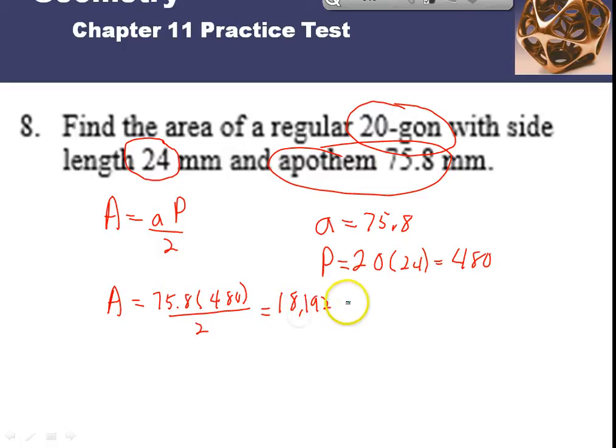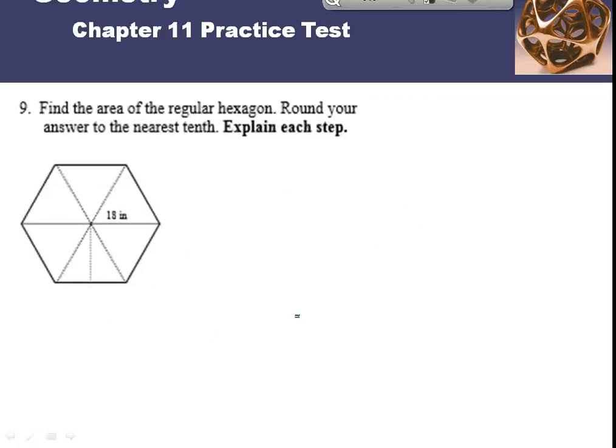So the area is 18,192, and this would be millimeters squared. Let me just check if that's right. Okay, so yeah, 18,192 millimeters squared.